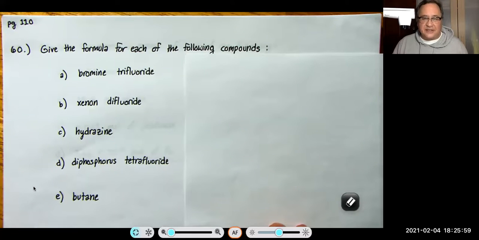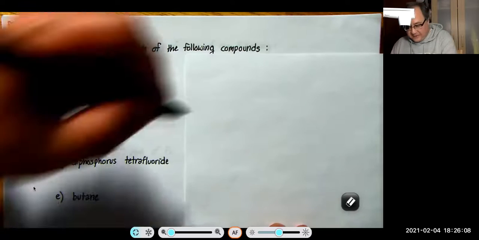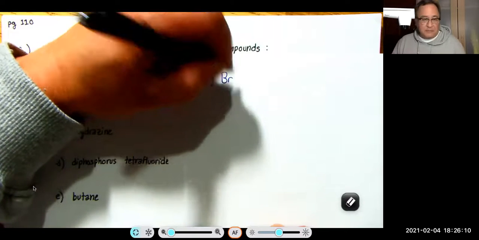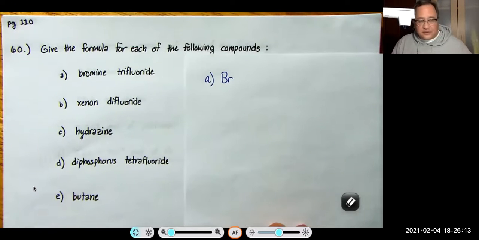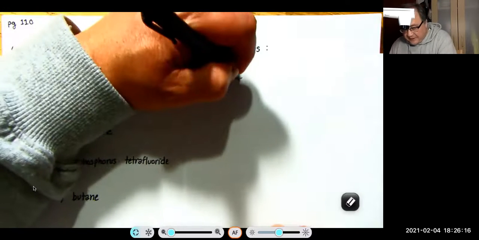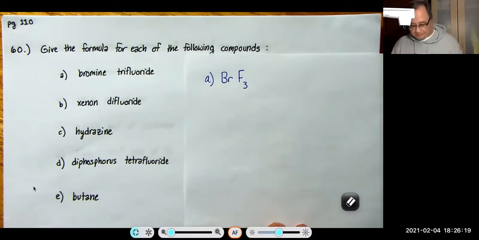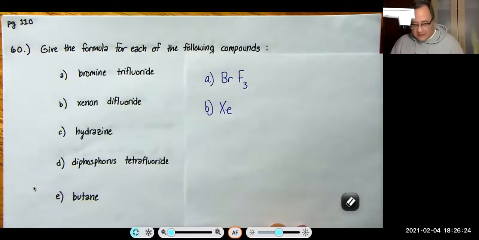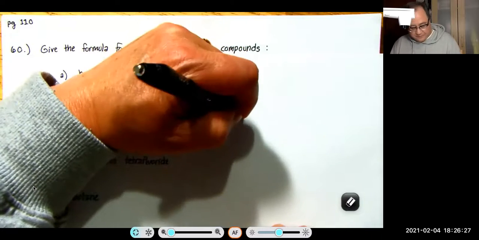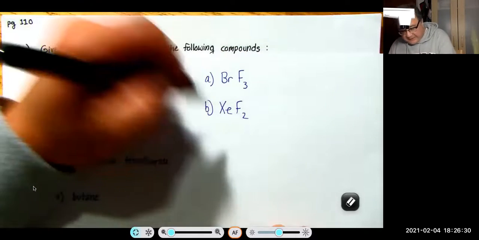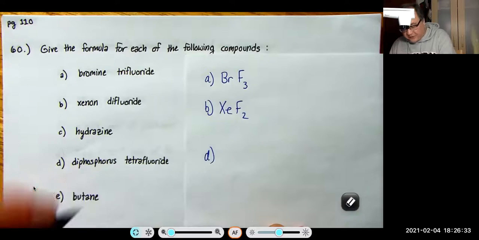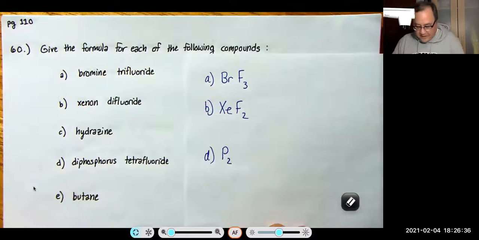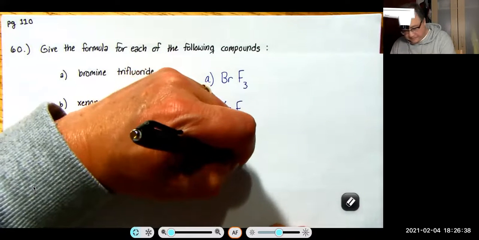Because we didn't talk about C and E, so you can't do those. Okay, I'm going to go with A. Bromine is Br, and there's only one because there's no prefix used. And then trifluoride would be F3. B, the symbol for xenon is Xe, and difluoride is 2. And D, diphosphorus and tetrafluoride, 4.